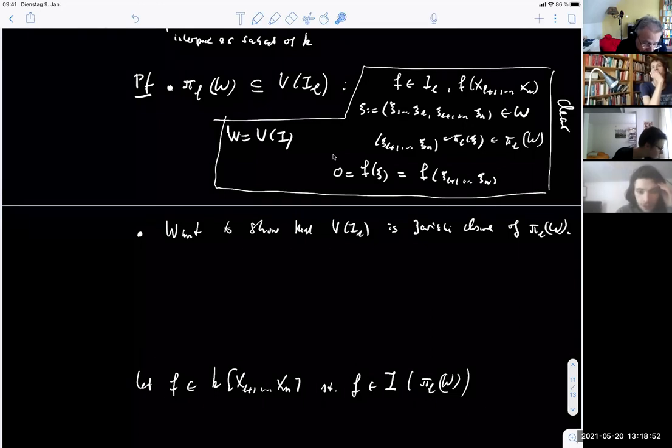So it should be a minimal set that satisfies that, yes, minimal with respect to inclusion, right?